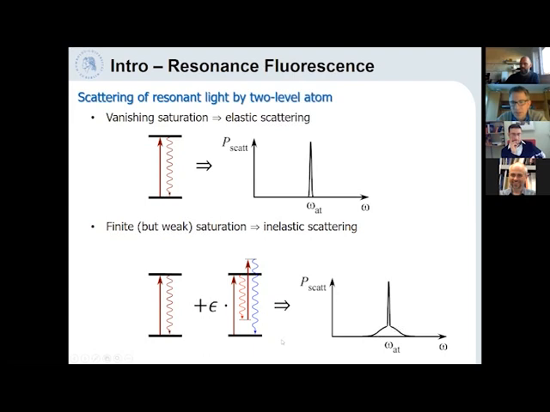And that means that the spectrum of the scattered light then has this elastic component, but in addition, this incoherent background, which is what is called incoherent emission or incoherent background when you read Cohen-Tannoudji. But this incoherent background is not really incoherent in the sense that it consists of correlated photon pairs.